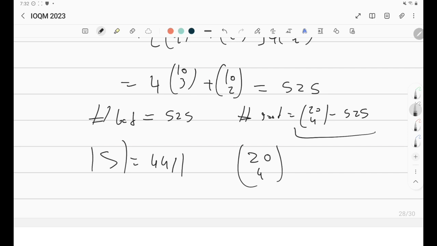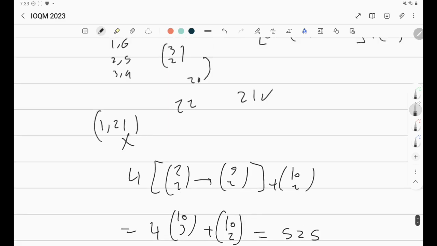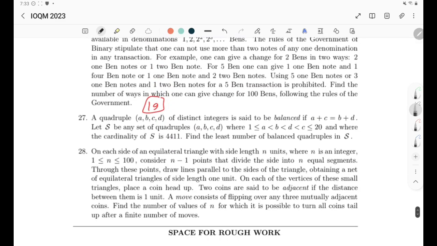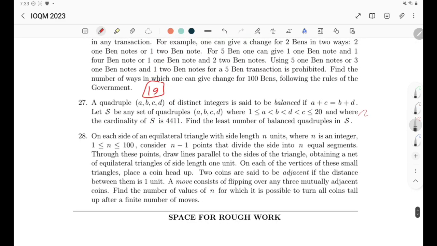So the answer is just going to be this thing, subtract from it that, and the answer is going to be 91. So we're going to need to use, unfortunately, 91 of the bad or the balanced.